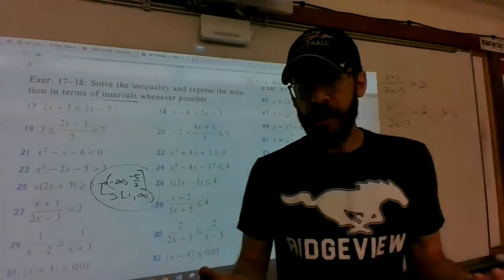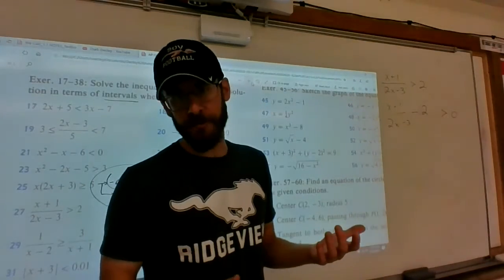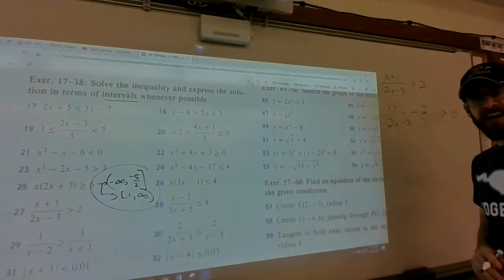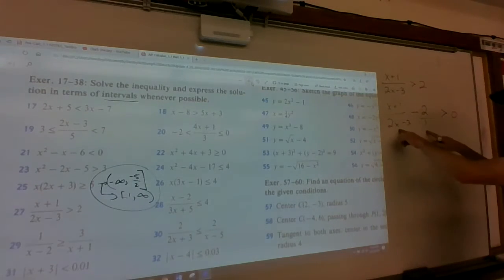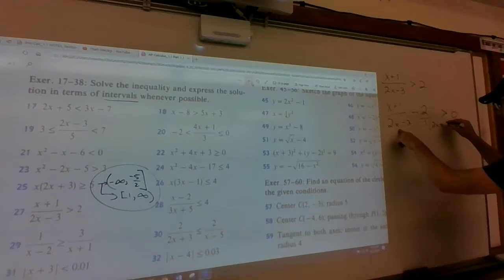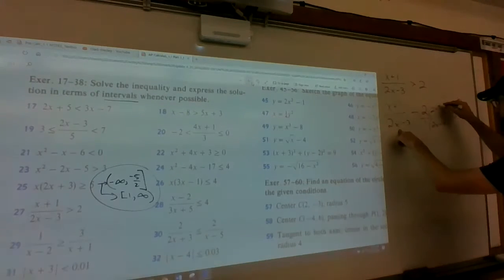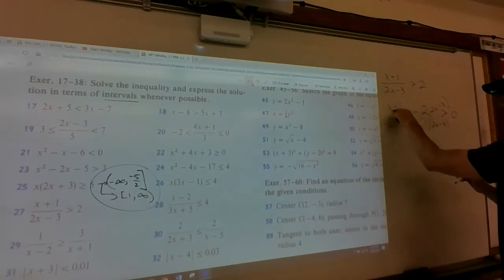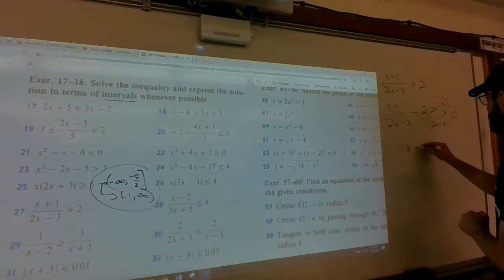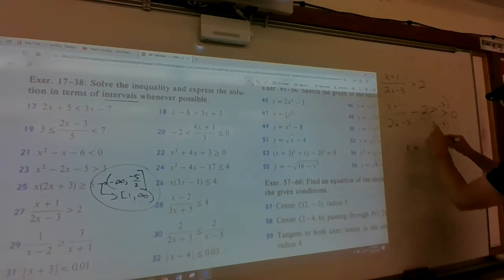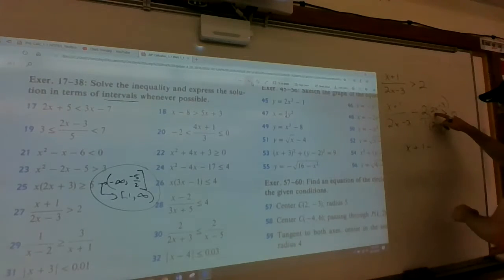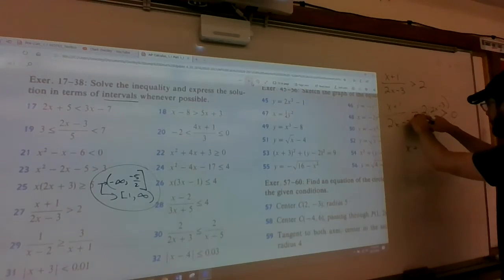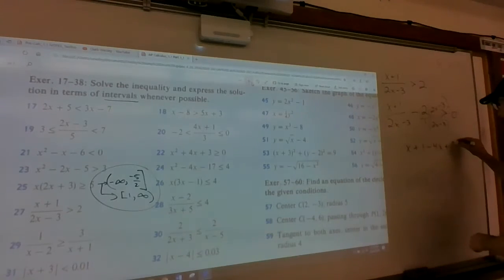Now, what I need to do now is create one fraction from those two terms that are being subtracted. So I'm going to put 2 over 1, find a common denominator, which is going to be 2x minus 3. Then that creates x plus 1 on top, minus 2 times 2x, so I'm just going to do that math right now, minus 4x, then it's going to be -2 times -3, which is a positive 6.